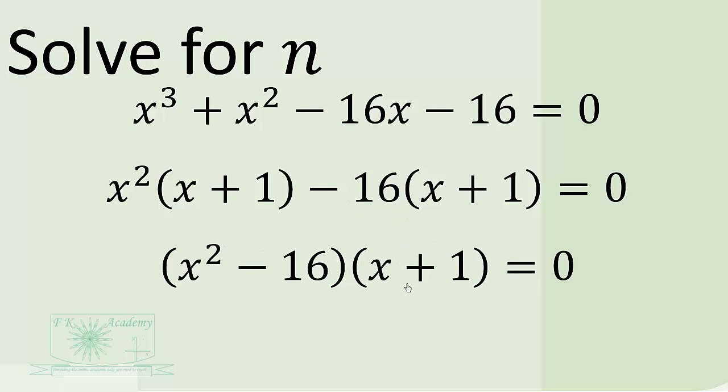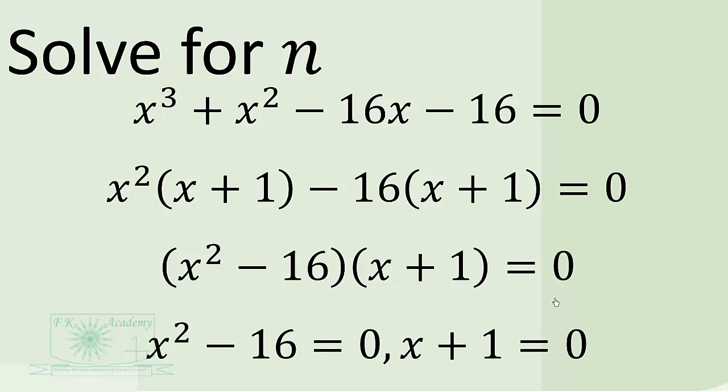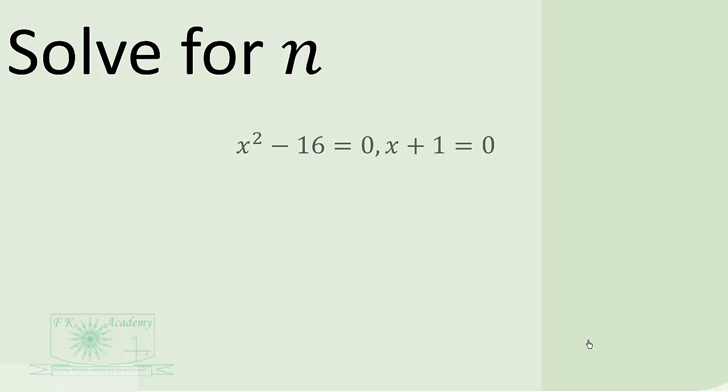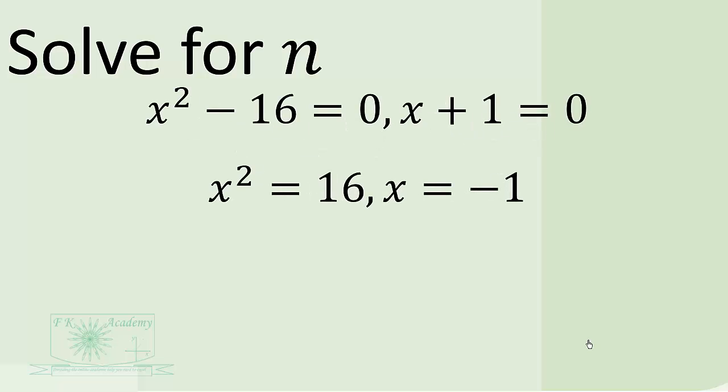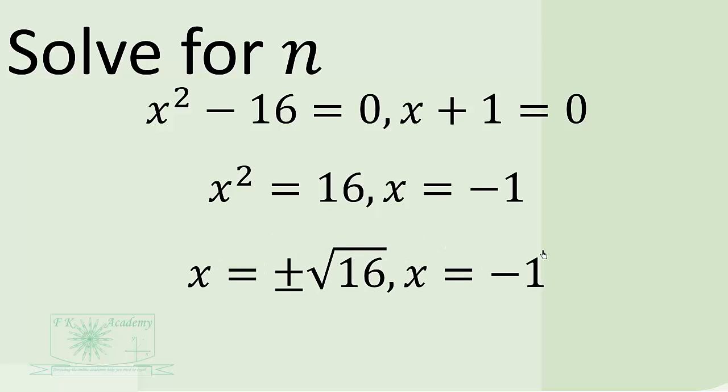This will factor further to obtain x squared minus 16 times x plus 1. So either x squared minus 16 equals 0 or x plus 1 equals 0. So we have x squared equal to 16 or x equal to negative 1.